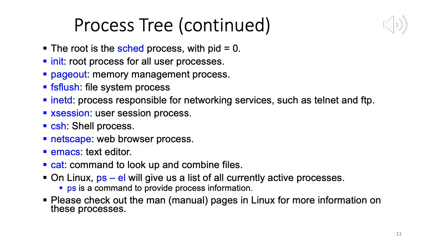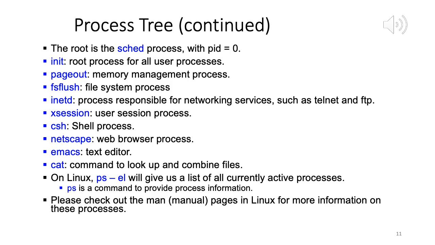Now I am on slide number 11, and this just describes the processes given in the tree on the last slide. Root is the schedule process with PID 0. Init is the root process for all user processes, right?